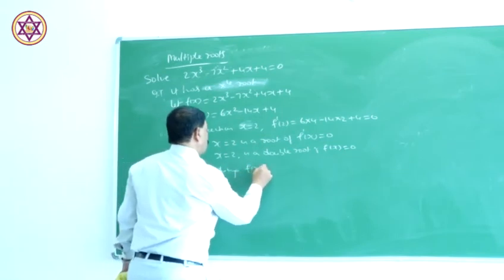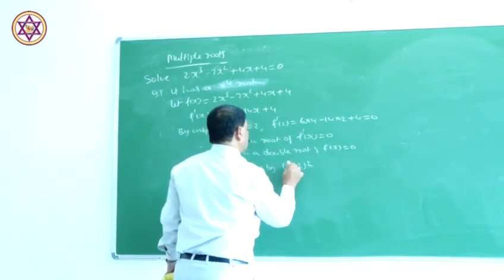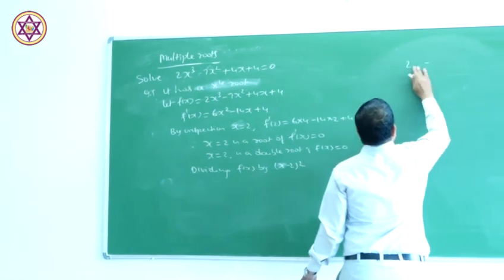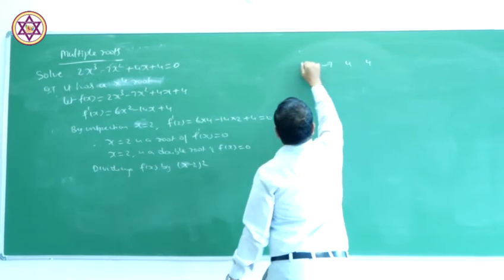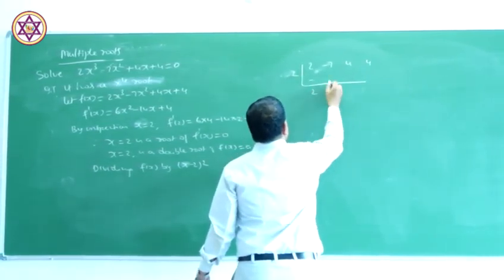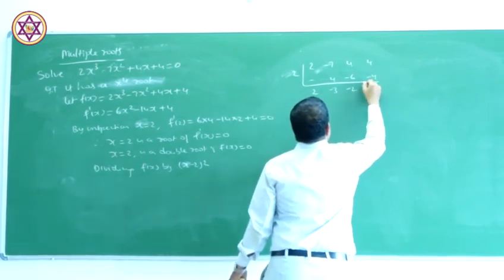Dividing f(x) by (x - 2) whole square. So, here 2, -7, 4, 4. If you take x = 2, so 4, -3, -6, -2, -4, 0.